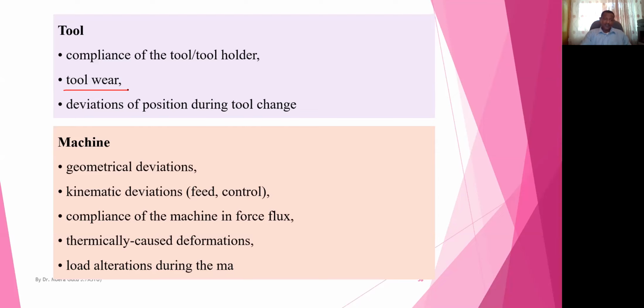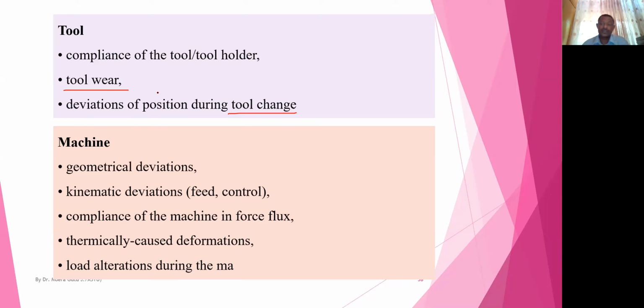It can affect the deviations of position during tool changes. Also, when you change a cutting tool with a new cutting tool after a tool is damaged, the accuracy level of changing your cutting tool also determines the form errors or dimensional errors.